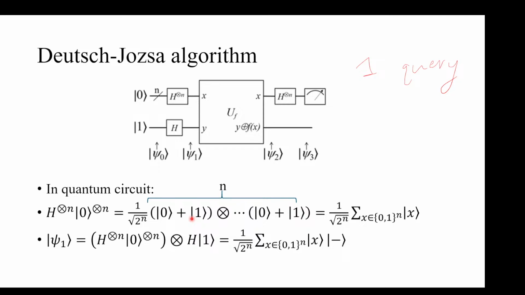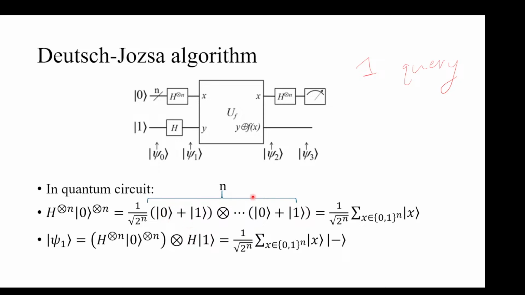So this is kind of complicated, but if we are smart enough, then we can find a very clean notation for this. We found out that this is just a summation over all strings of 0, 1 to the n, all possible n-bit strings, because in each qubit you have the possibility of choosing 0 or 1.